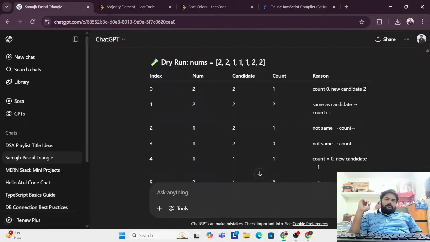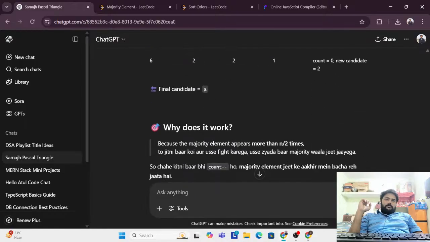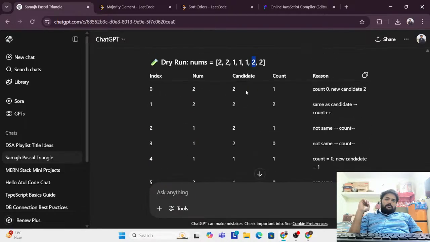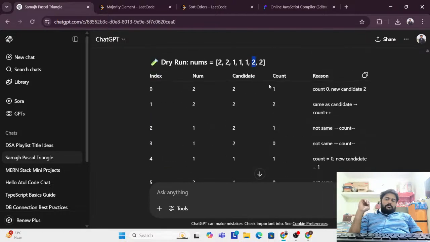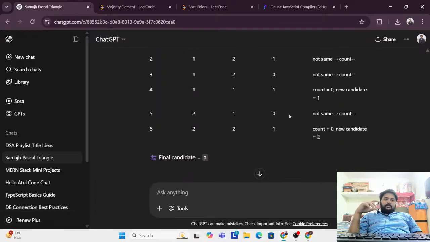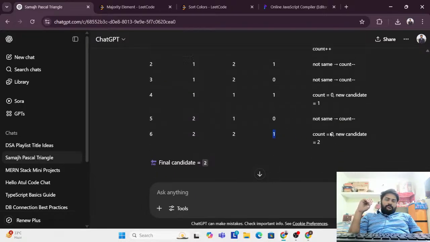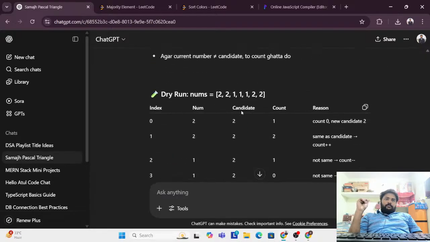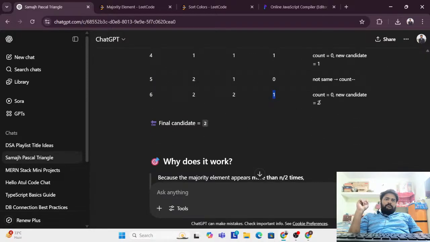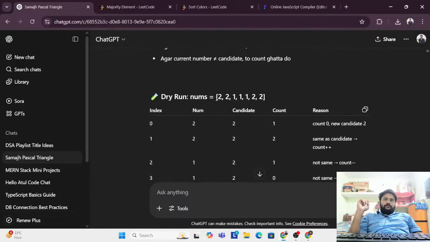We compare the current and the previous candidate, so the count becomes 1. And if you see the majority element, automatically we get 2.